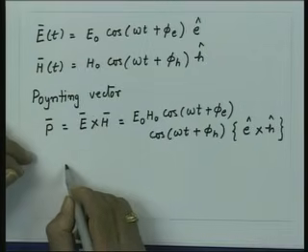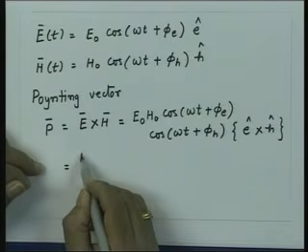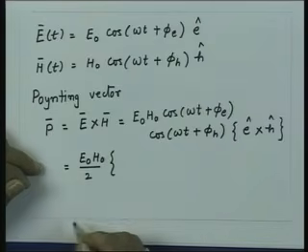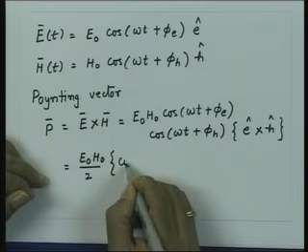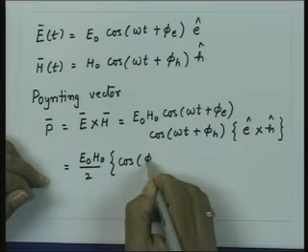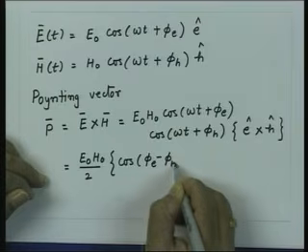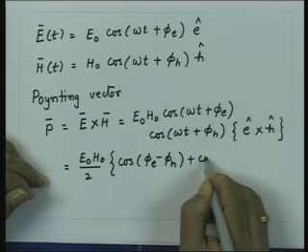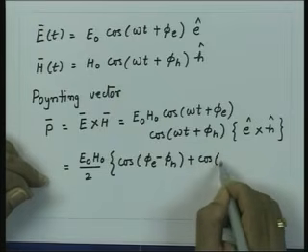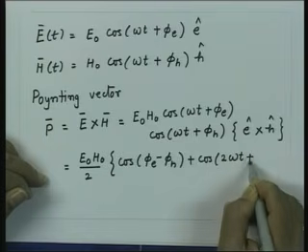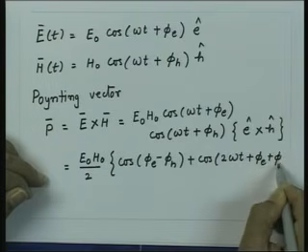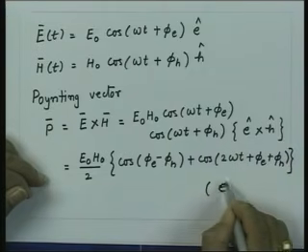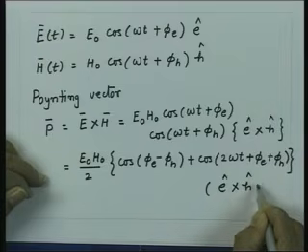This gives me E 0 H 0 upon 2 times cos of phi E minus phi h plus cos of 2 omega t plus phi E plus phi h, multiplied by E cross h.